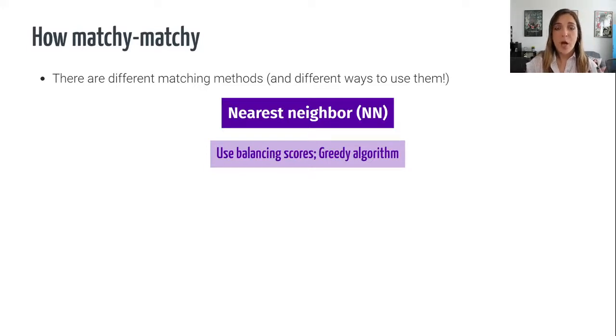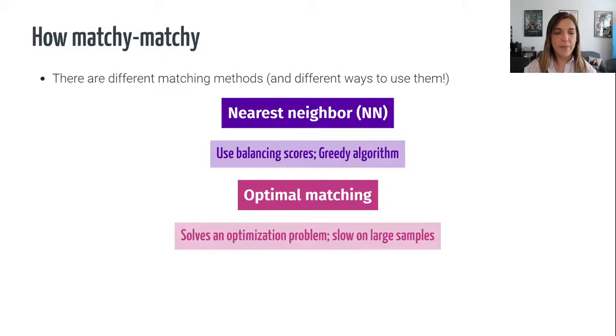Basically because it's only optimizing locally for each of the units, and it matters which order it's allocating the different control units to the treatment units. So that's not great because you hopefully want to get the best answer out there and not just the best answer for whatever order of your data you have, right?